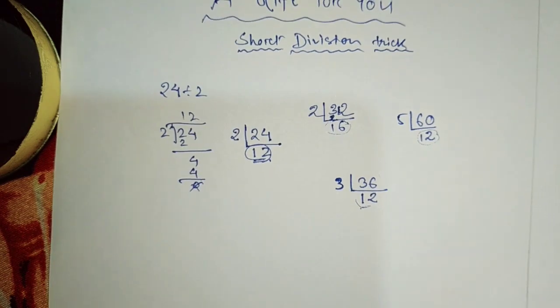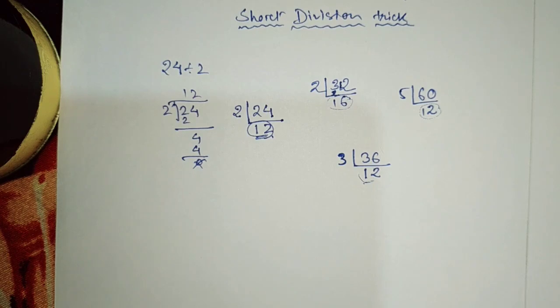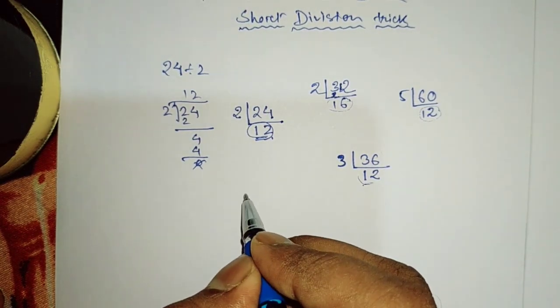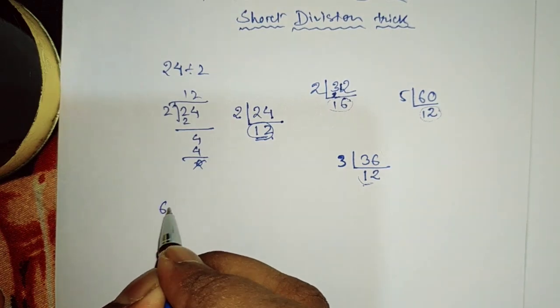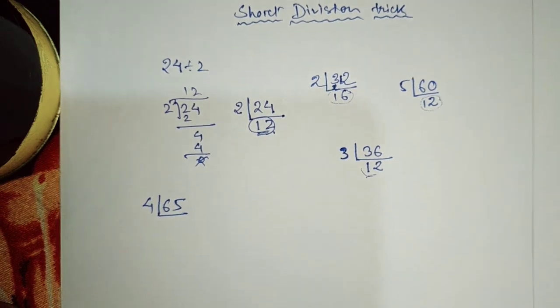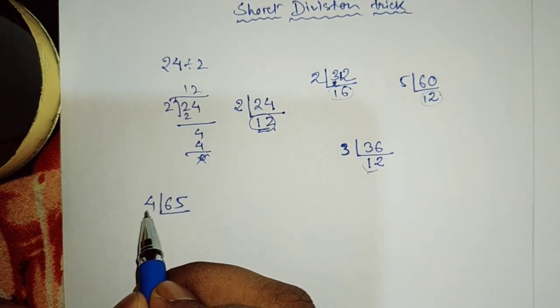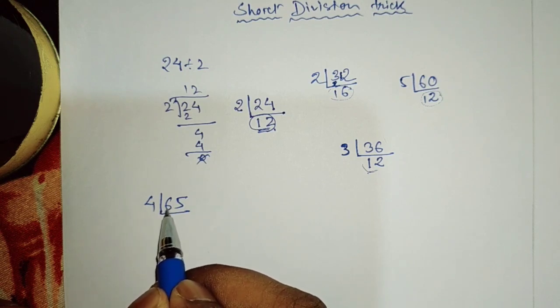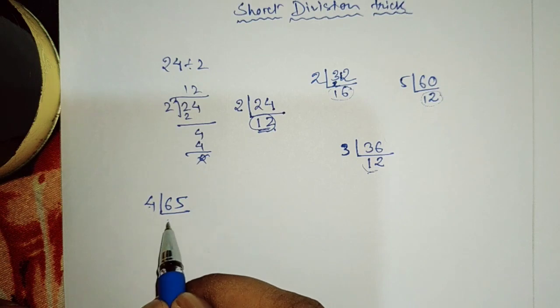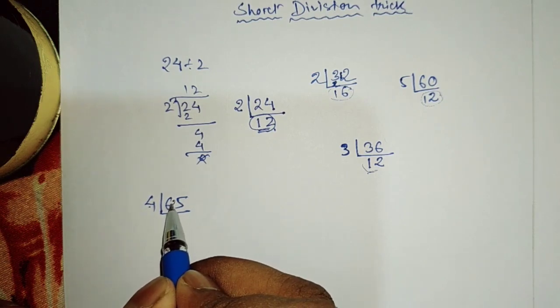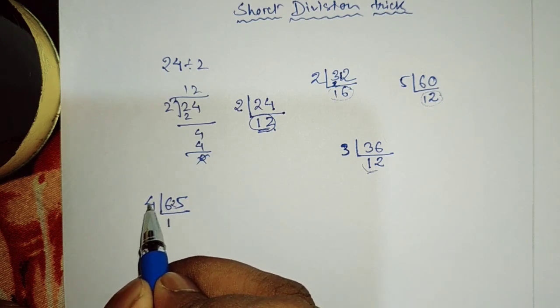Now a question may come, what if we have a remainder? In all these cases the remainder was 0. Suppose we have the number 65 and we are to divide it by 4. Try to understand. 4 ones are 4, 4 twos are 8, 8 is more than 6, so we cannot take 4 twos are 8, so we'll take 4 ones are 4, then 6 minus 4 is 2, we imagine 2 here, then it becomes 25.